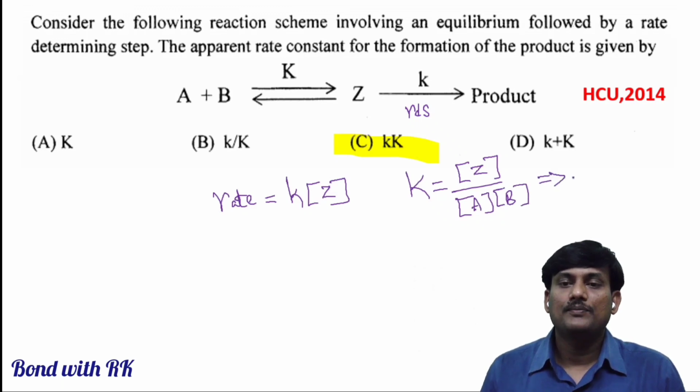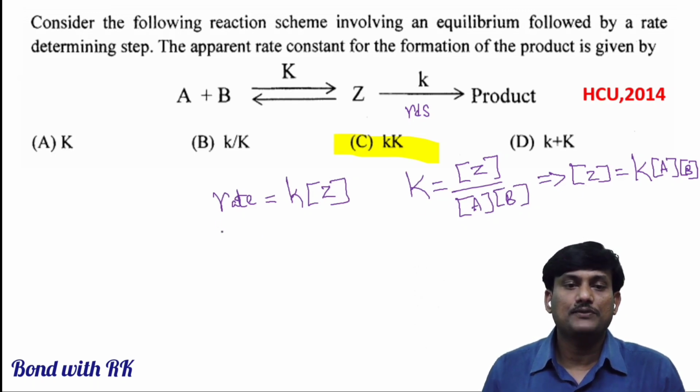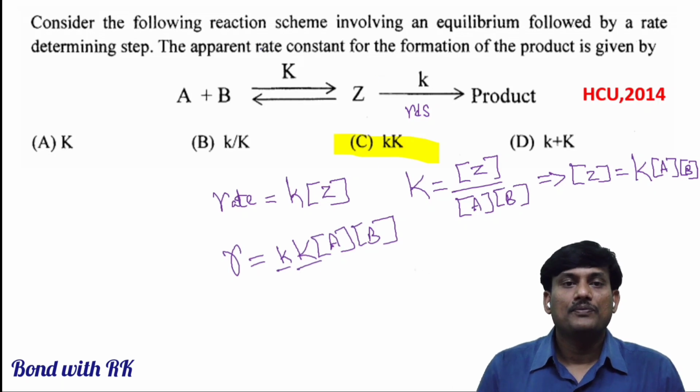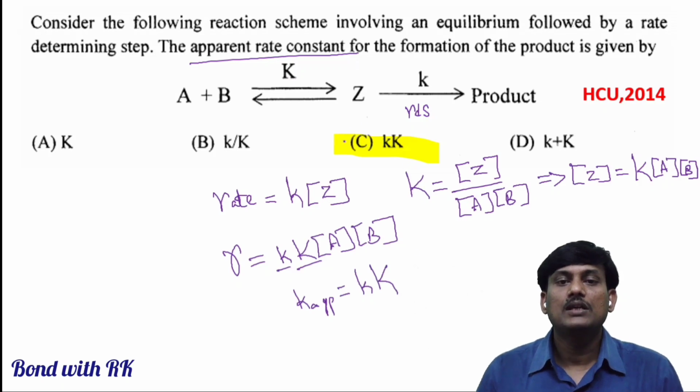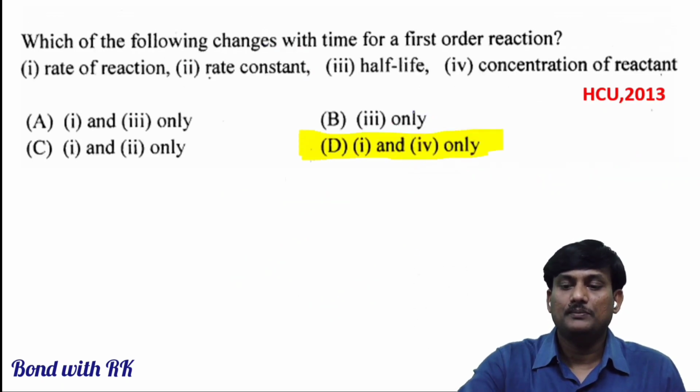So that implies concentration of Z is equal to capital K into concentration of A and concentration of B. When you substitute concentration of Z, rate R is equal to small k, capital K, concentration of A and concentration of B. The small k into capital K is the apparent rate constant, K apparent. Here the K apparent is the product of small k and capital K. So the correct option is C.